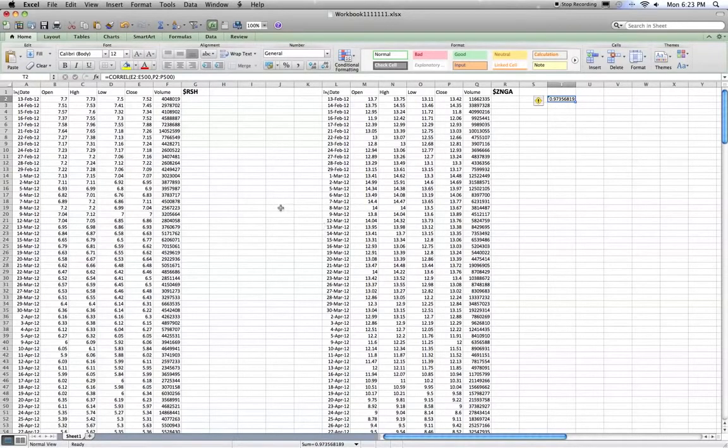The next step is to type in RSH divided by ZNGA, and then we're going to do the same thing for ZNGA divided by RSH.